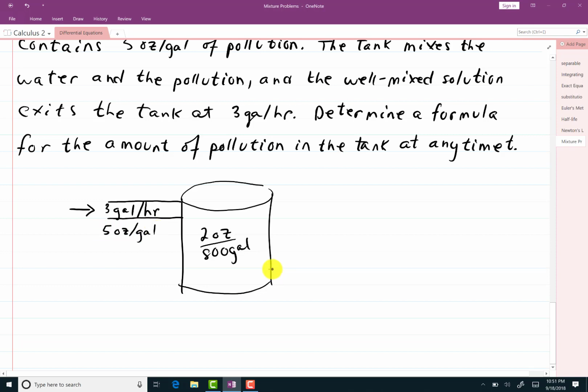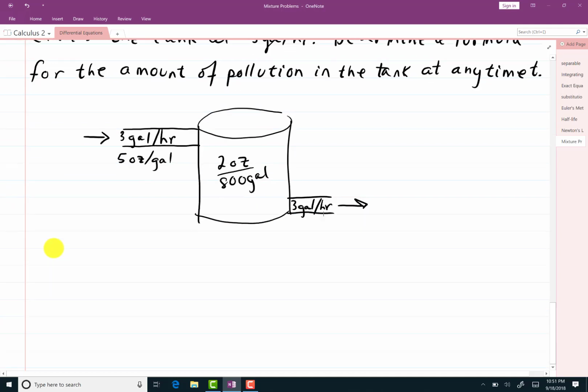Now out the other end, whatever solution it is just exits. And I know that it exits at 3 gallons per hour. So the same amount going in is going out. So it's always going to be 800 gallons in the tank.